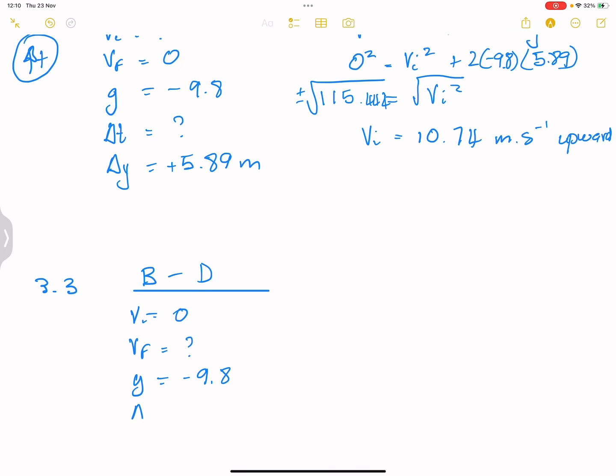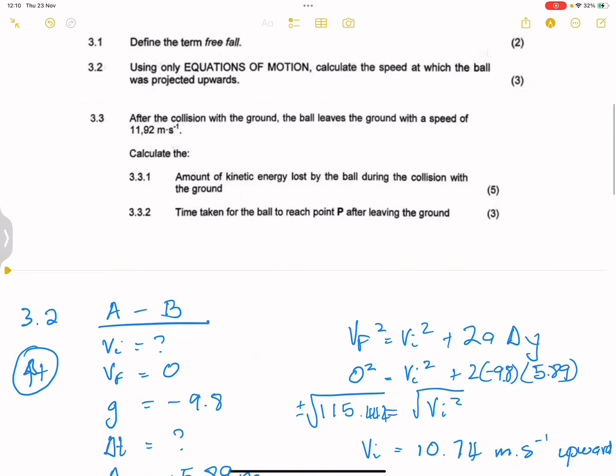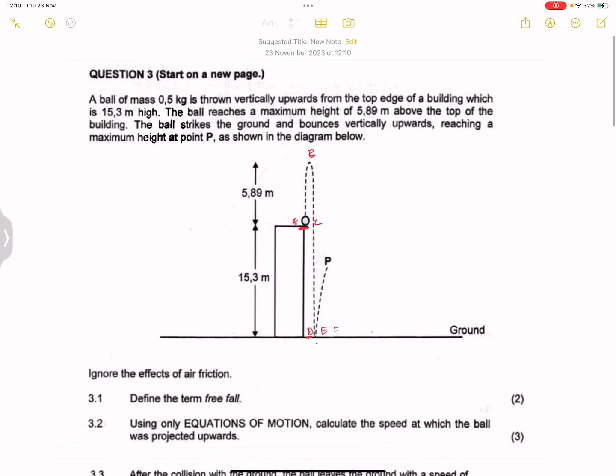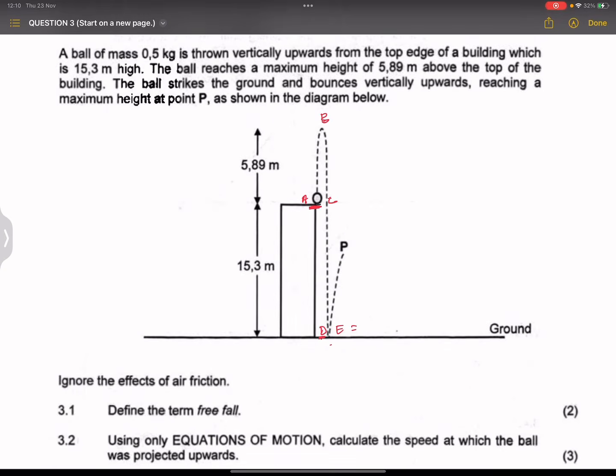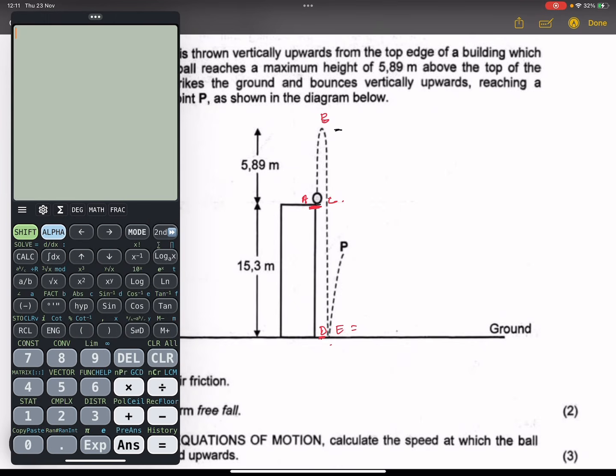That's minus 9.8. The time is still unknown, but we know what height it was at. Now, from b to d, you'll see that it's this 5.89 plus the 15.3. So let's add that up. That's 5.89 plus the 15.3.